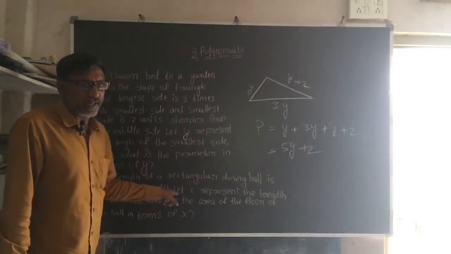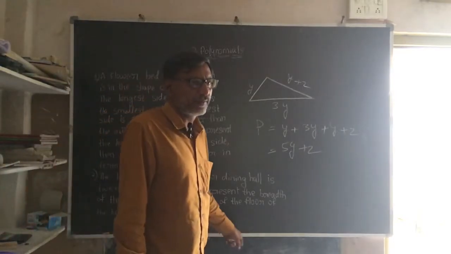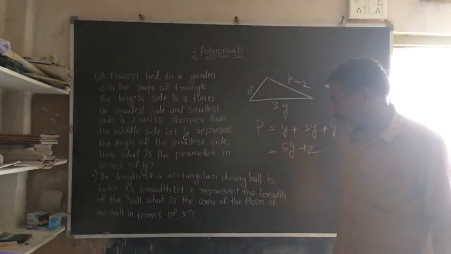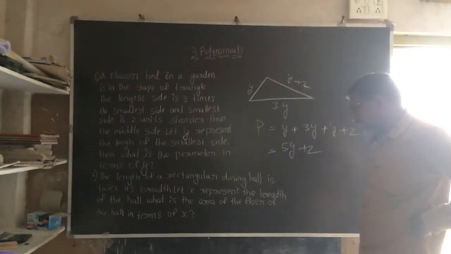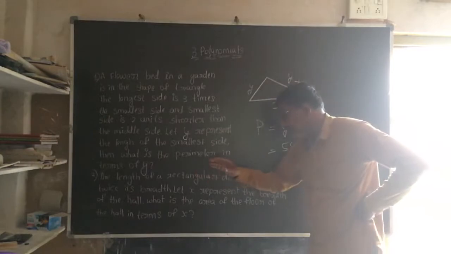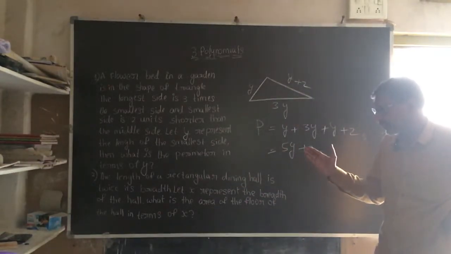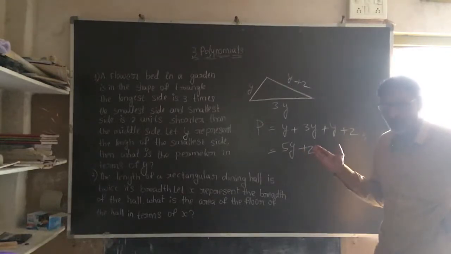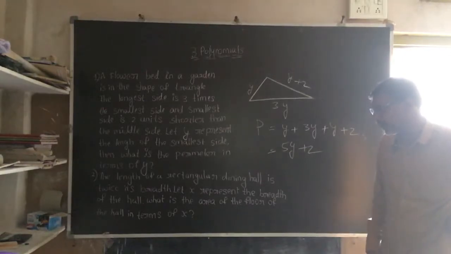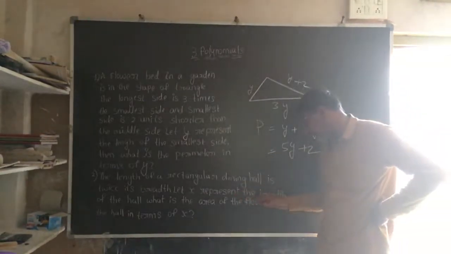When coming to the second example, this is also given in our textbook. The length of a rectangular dining hall is twice its breadth. Let x represent the breadth.